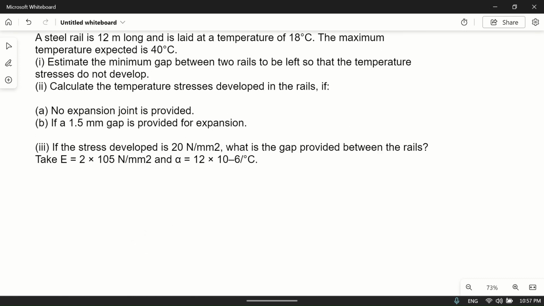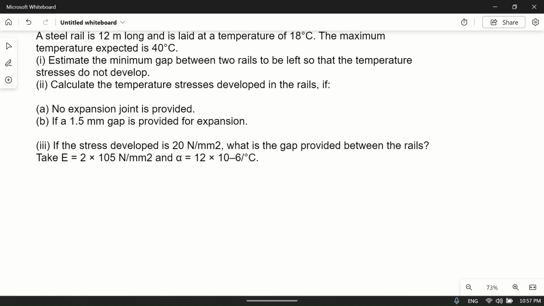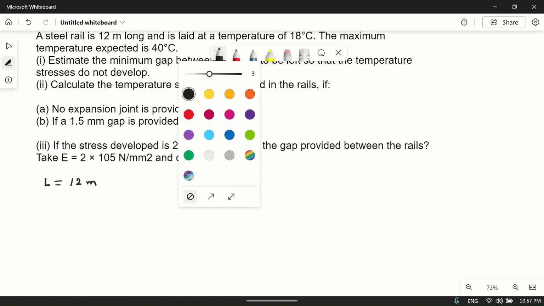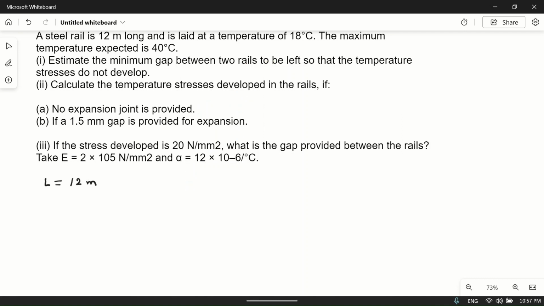A steel rail is 12 meter long. So given that L is 12 meter, and laid at a temperature of 18 degrees Celsius. So initial temperature T1 is 18 degrees Celsius.